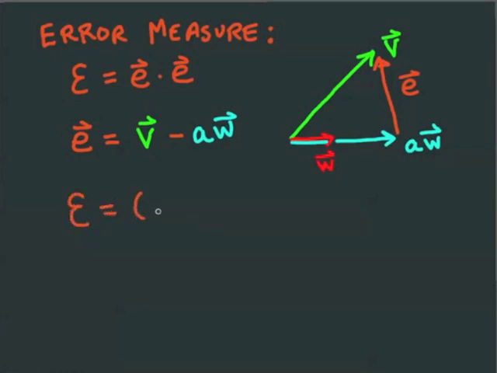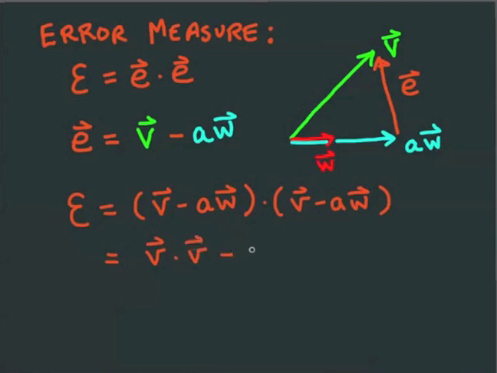I'll write epsilon is equal to v minus a times w dotted with v minus a times w. Let's now multiply that product out, and we'll find it's v dotted with v minus 2a v dotted with w plus a squared w dotted with w.